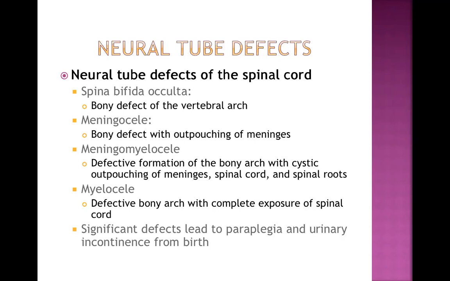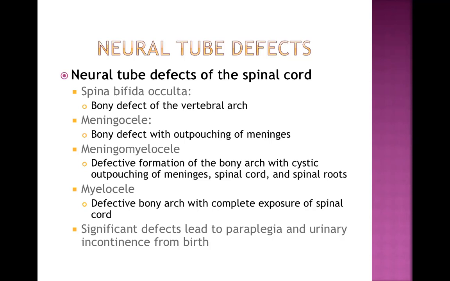Meningomyelocele: along with the bulging of the meninges, there is bulging of the spinal cord and spinal root also. So this is definitely a more serious condition than meningocele. Another is myelocele. There is complete exposure of the spinal cord. It is not covered by the meninges. So this is called myelocele.